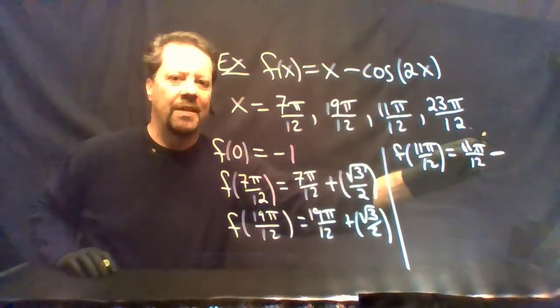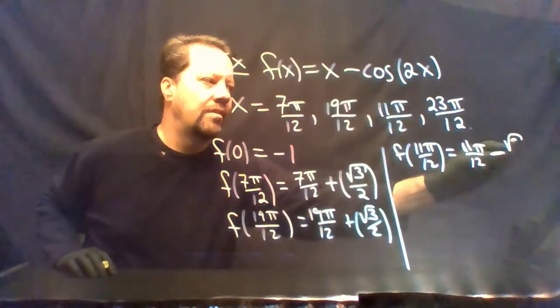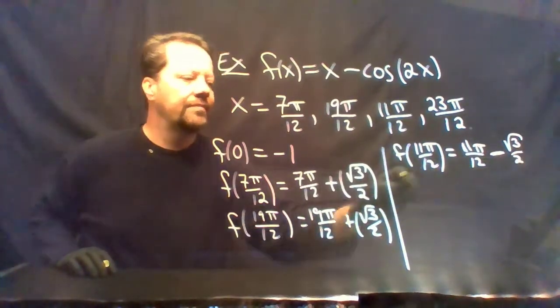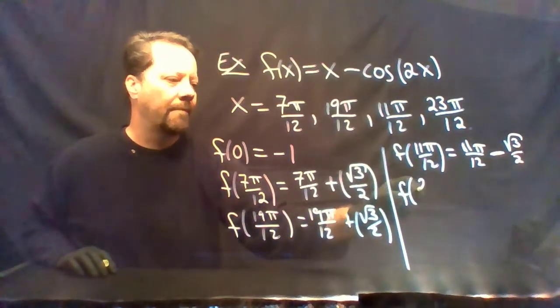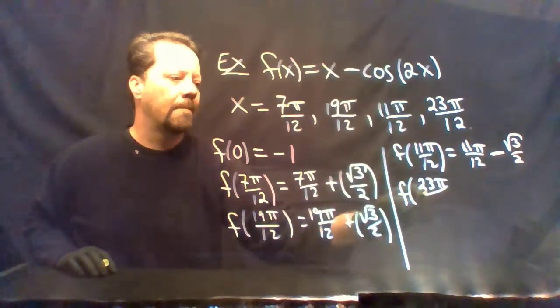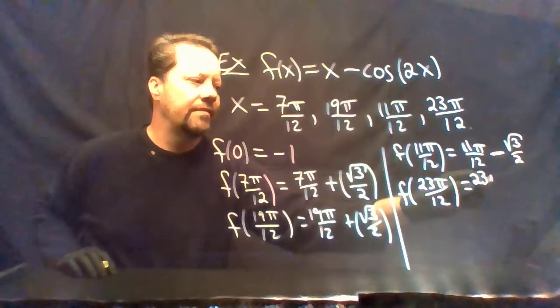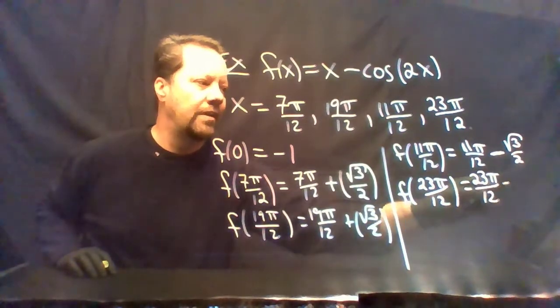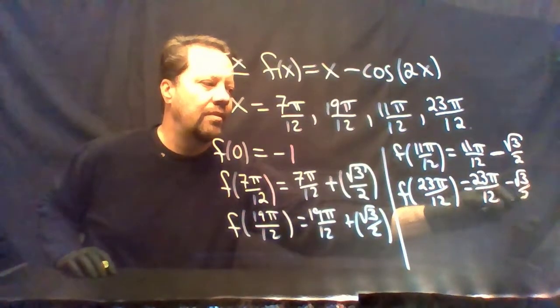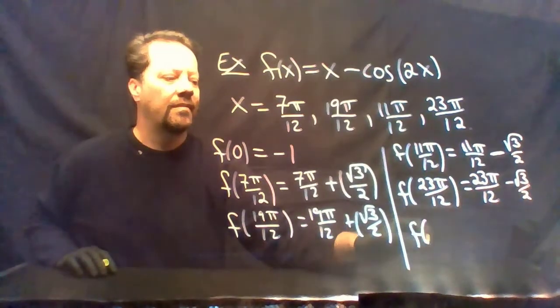The reference angle being pi over 6, you get root 3 over 2. At 23 pi over 12, you get 23 pi over 12, again minus root 3 over 2.